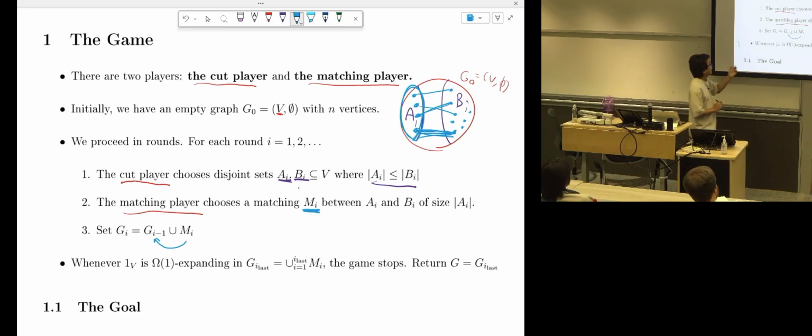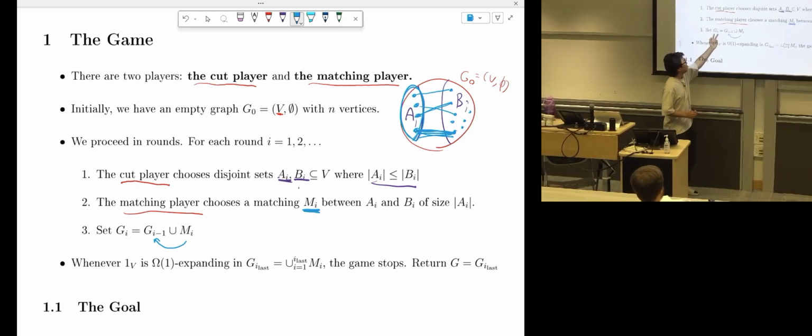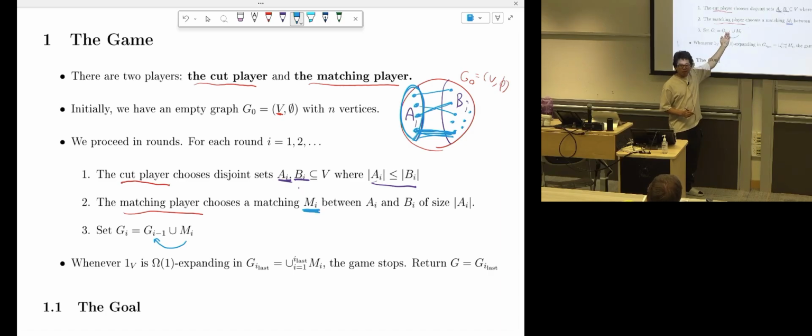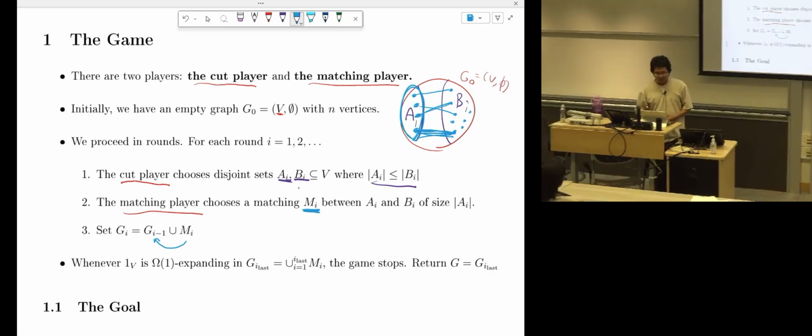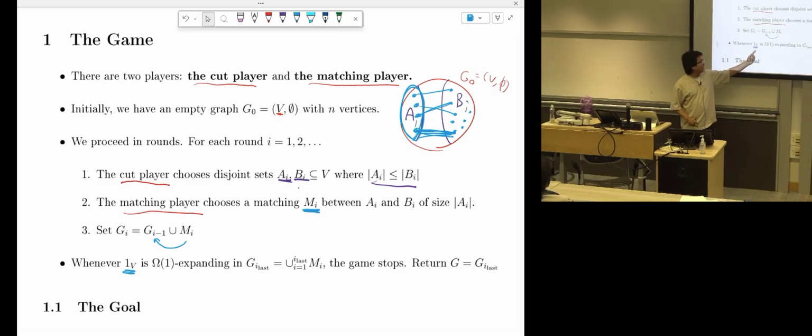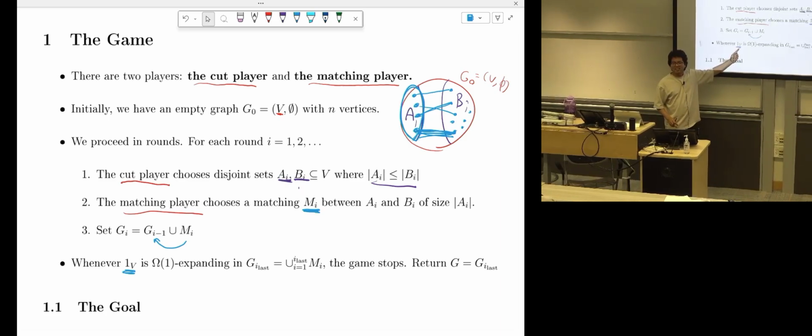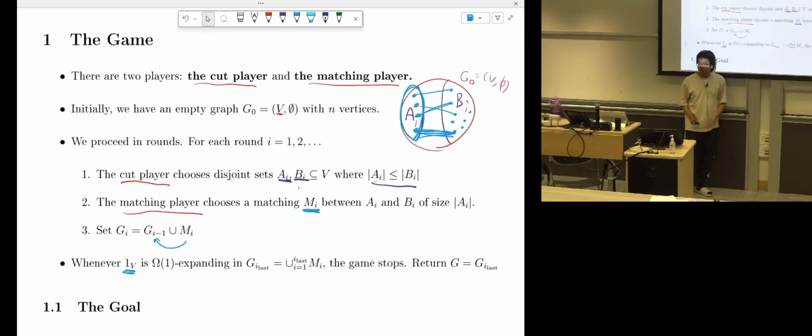So the graph at time G_i consists of the matching from round 1 up to round i. That's what G_i is. So the graph will keep growing. You keep putting the matching into it. And basically, the game will finish whenever this node weighting unit vector, like the all one vector, is expanding in the graph.